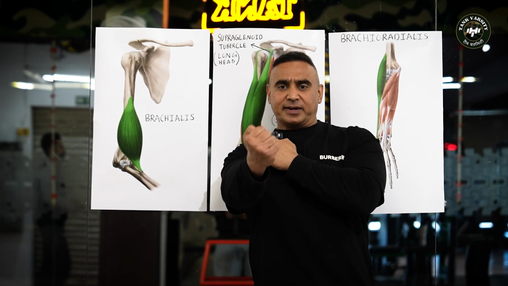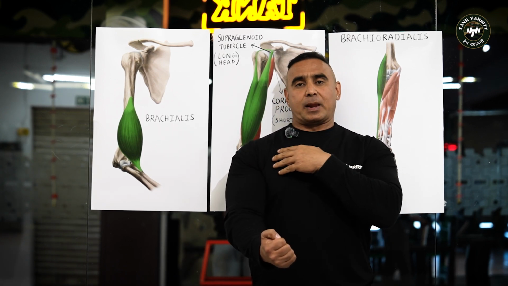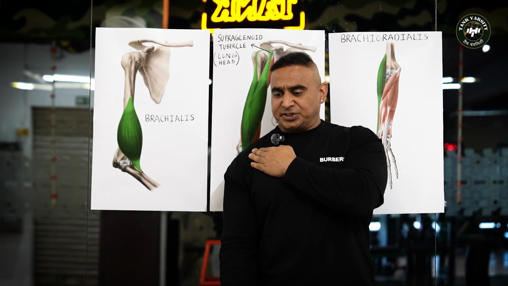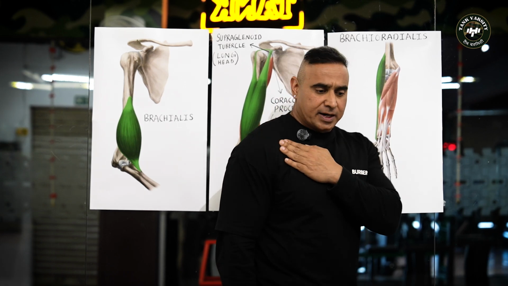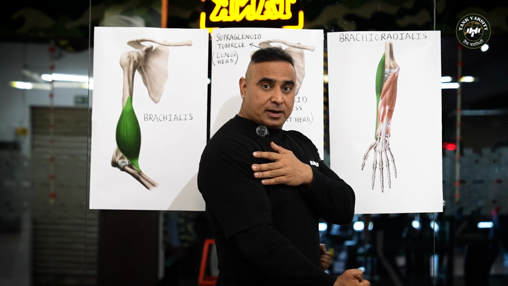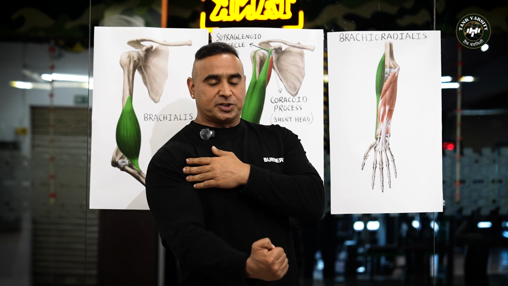After 55 degrees, of course, the anterior delt and the pec major come into play. But just the initial movement, 55 degrees from here till about here, is also the biceps brachii contributing to the flexion of the shoulder.